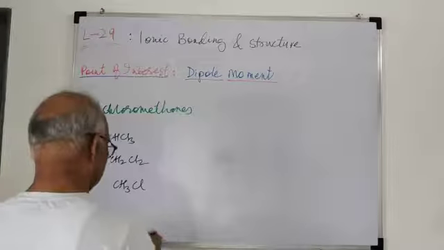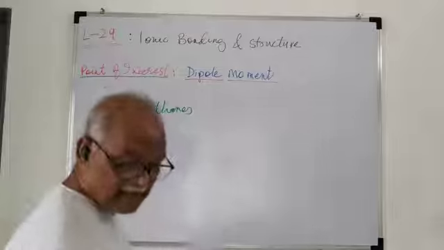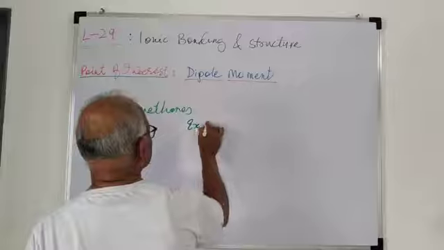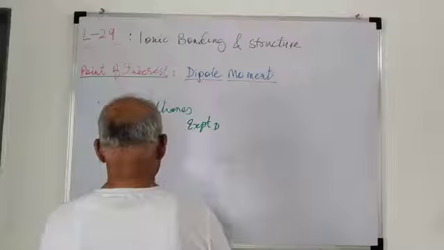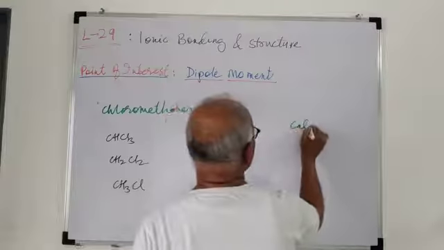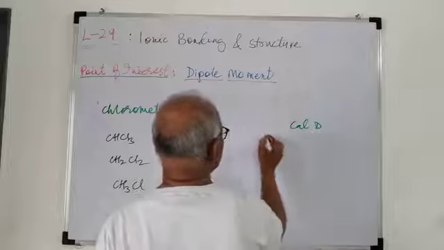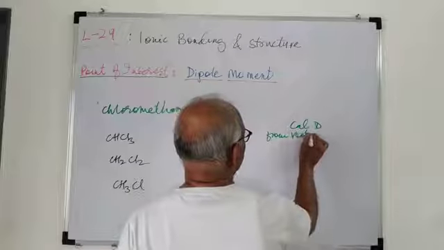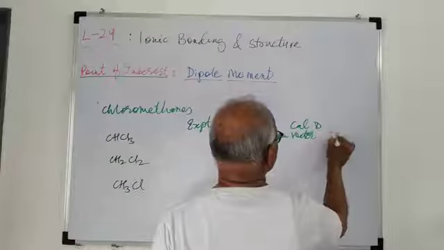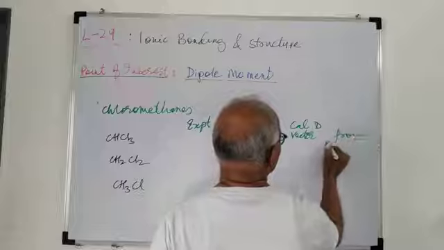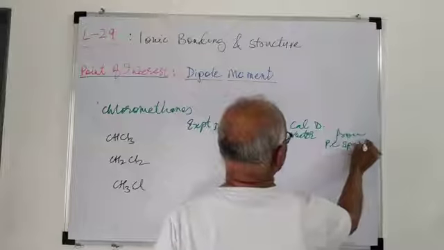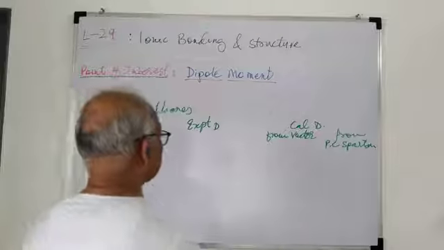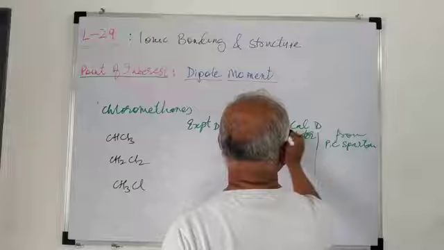Here we will find the experimental dipole moment and the calculated dipole moment, one from the vector method and the other from the PC Spartan method. So these are two values.